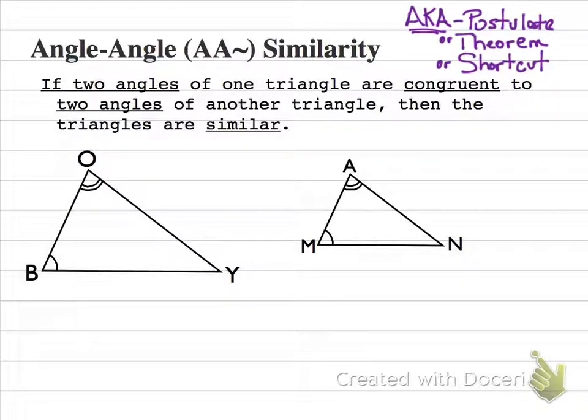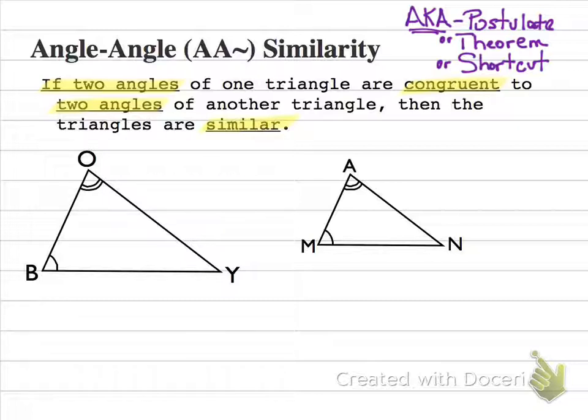Let's try to talk about triangle BOY and triangle MAN. If 2 angles of one triangle are congruent to 2 angles of another triangle, then the triangles are similar.